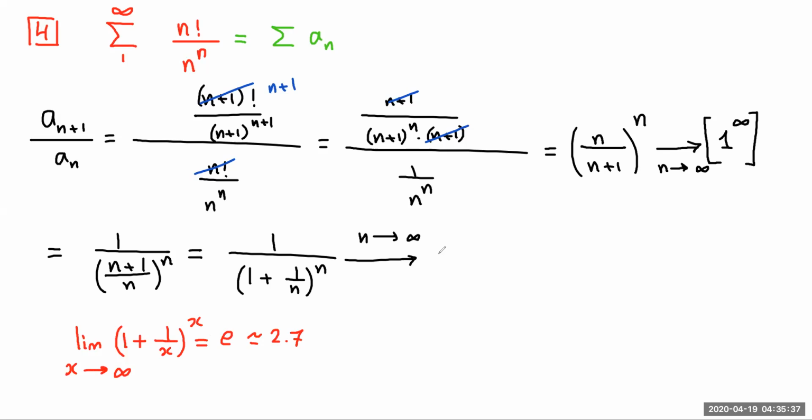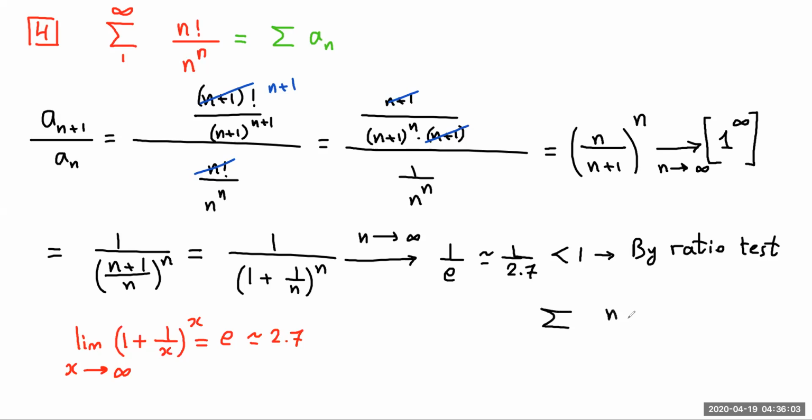So here the answer is 1 over e, so nearly 1 over 2.7. So it's something less than 1. So now by the ratio test, sigma n factorial over n power n from 1 to infinity converges.